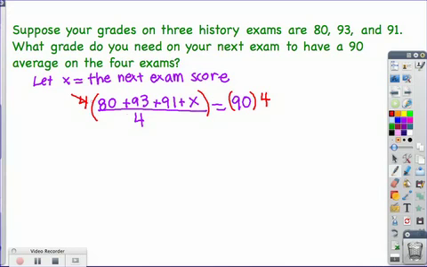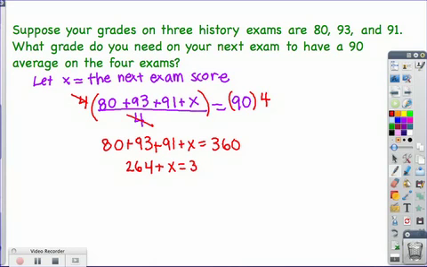Combine like terms in order to simplify. Subtract 264 from both sides. You would need a 96% in order to get a 90% average in class.